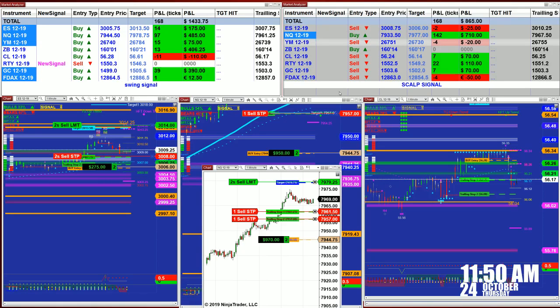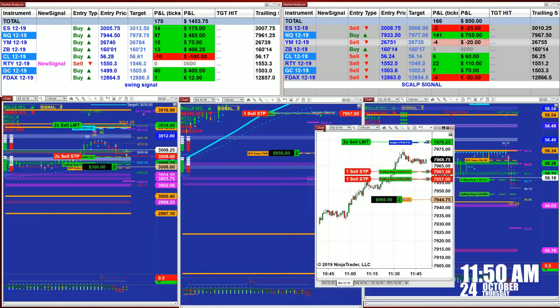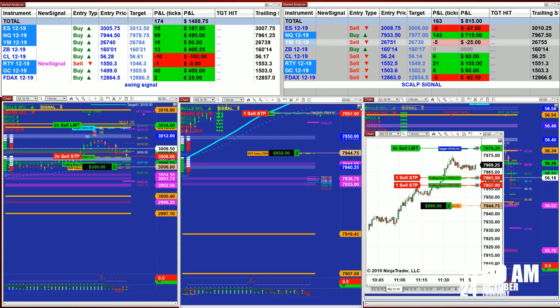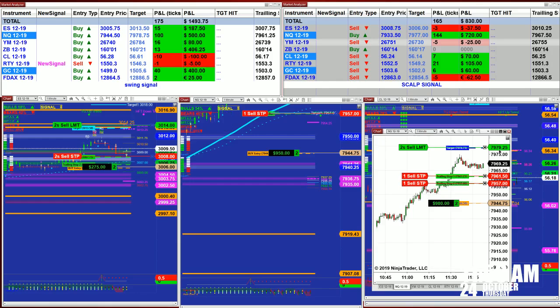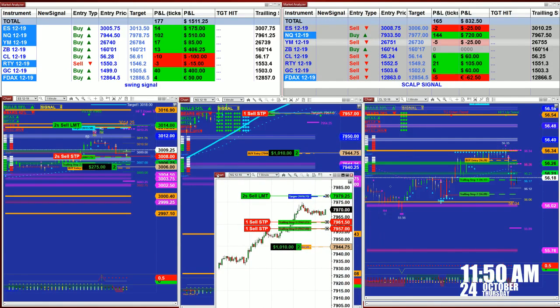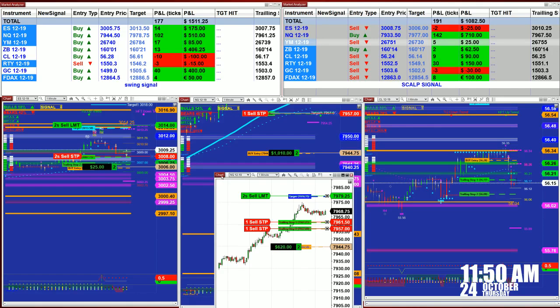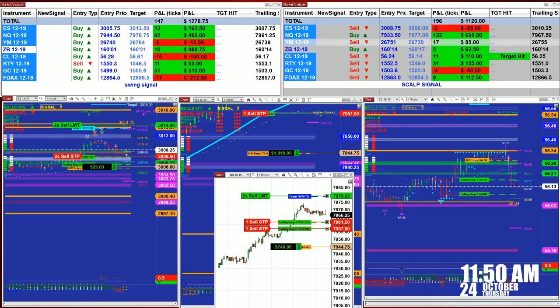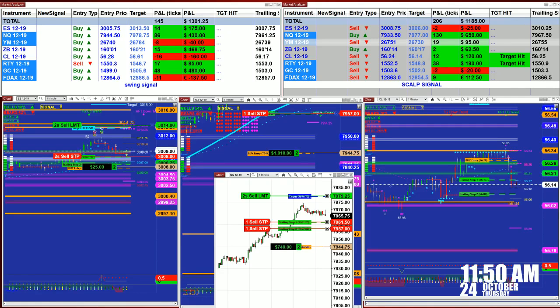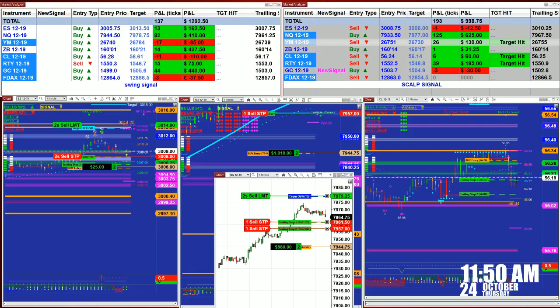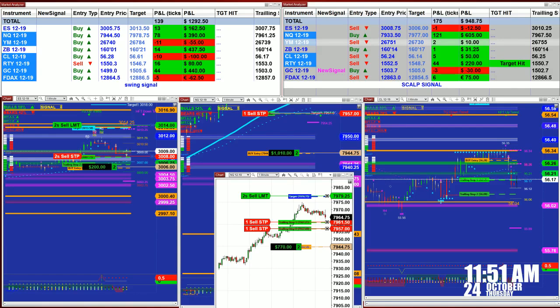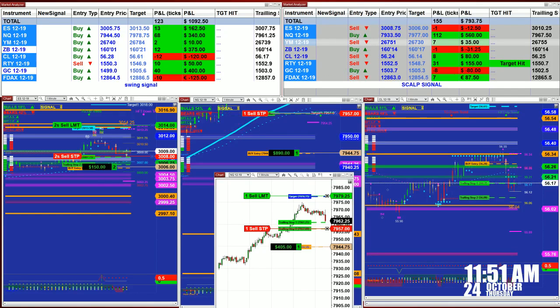There we go. Okay, decided to go up. There is a new signal on the gold buy.